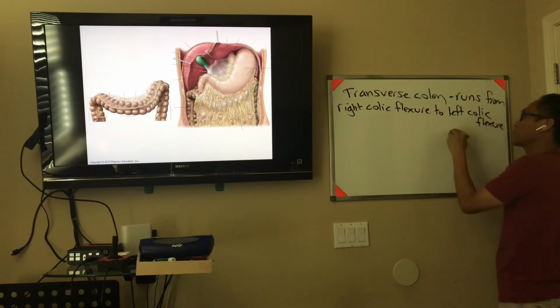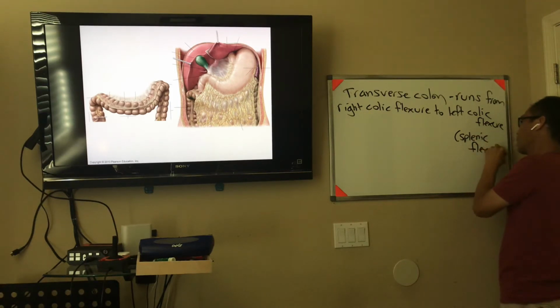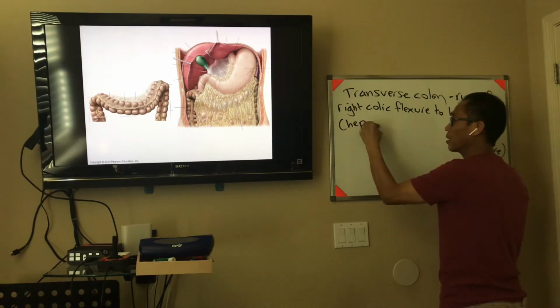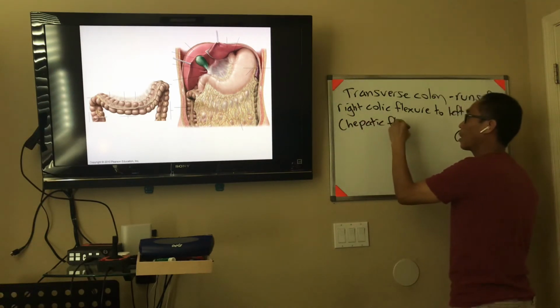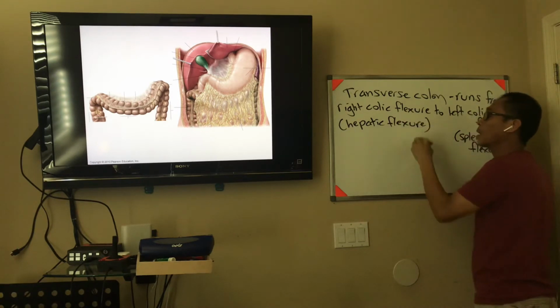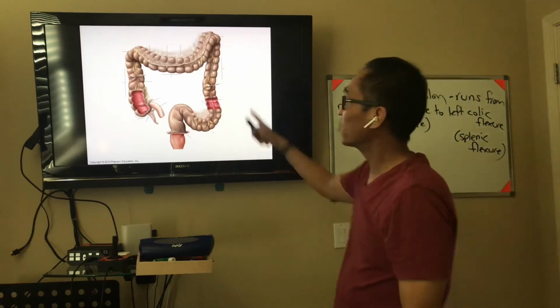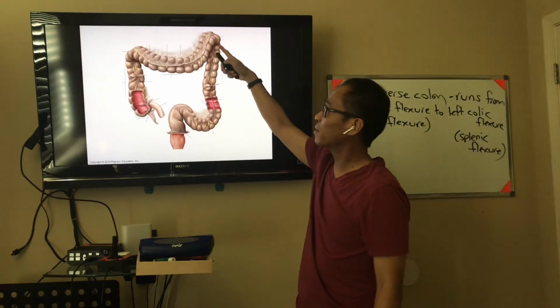Now, the left colic flexure is also called the splenic flexure because remember, spleen's on the left. Go with that one, or you can call it the hepatic flexure for the right one. And then it's higher up here, and then it goes all the way down.